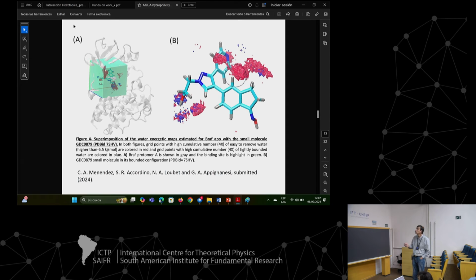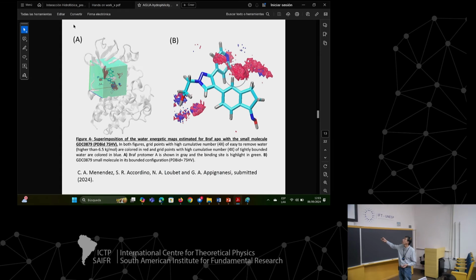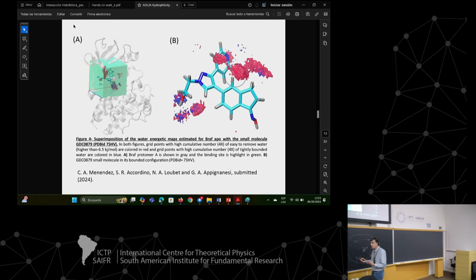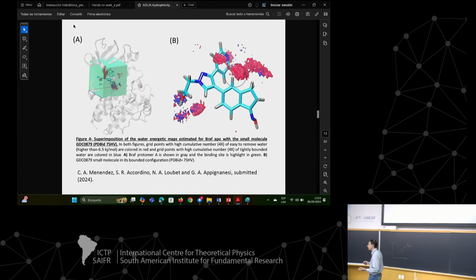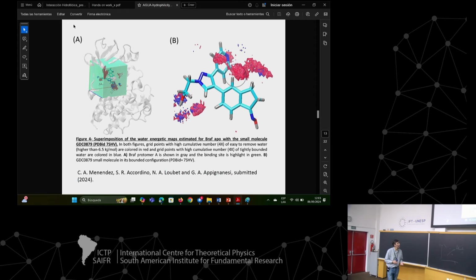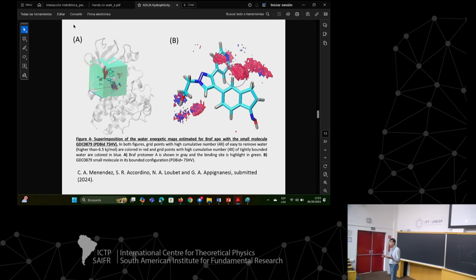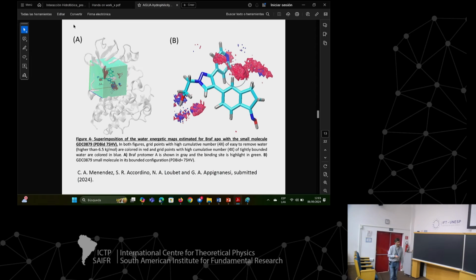It could perhaps be interesting to re-engineer this ligand to include here a residue that is hydrophobic. So maybe this kind of analysis could be of interest in studies of drug design or drug re-engineering. But these are very preliminary.